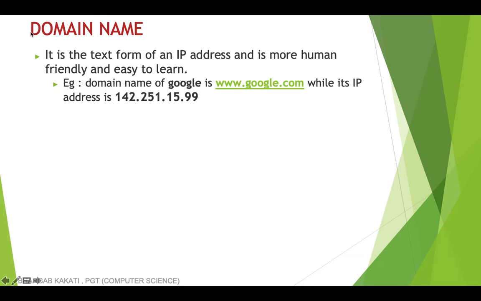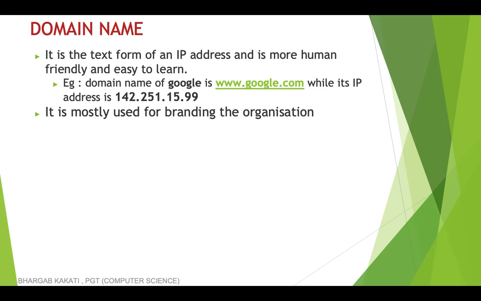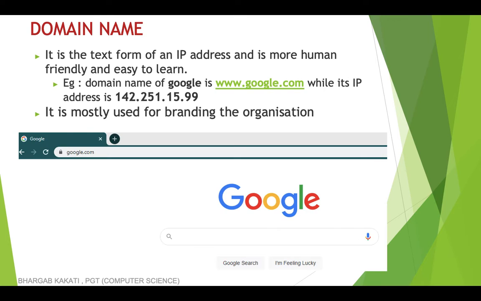So, for example, the domain name of Google is www.google.com. If I type it in the web browser, Google will open up. While its IP address is 142.251.15.99. It is mostly used for branding the organization. It basically consists of the brand name of the organization.